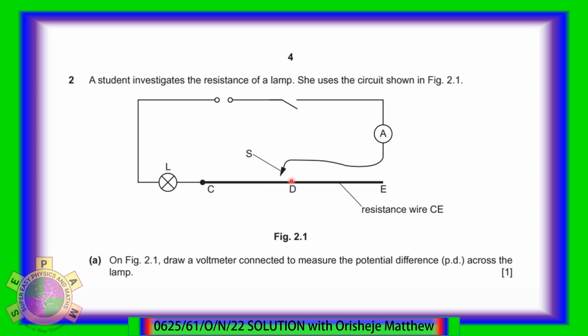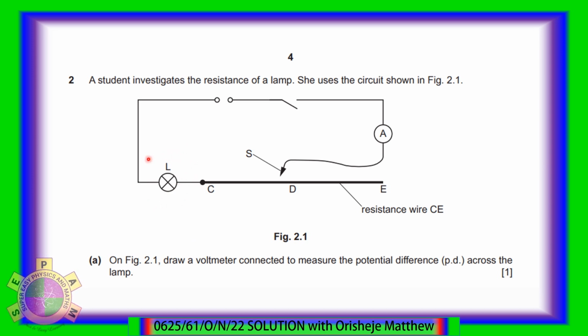As you go to D, you have half of the resistance. When you come to E, you have a bigger resistance. And as resistance increases, what is going to happen to the current? The current will start reducing. So as the student moves the jockey from C to E, the current that will be measured will be what? Reducing.